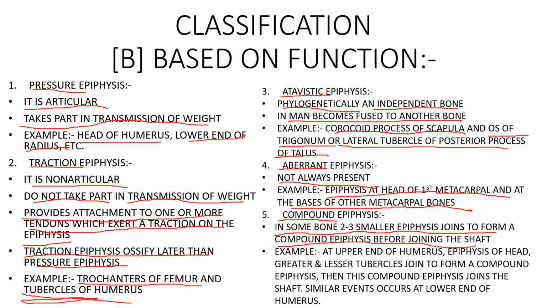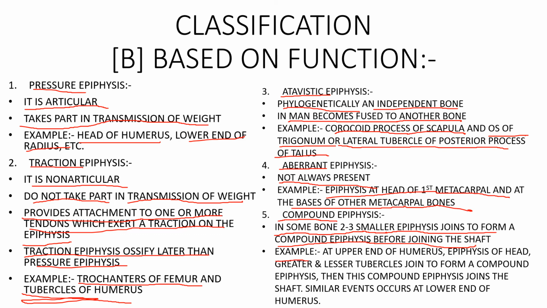The end is formed by many centers and then it forms one epiphysis and then that fuses to the shaft. So that is known as compound epiphysis. But on functional basis, we have that in some bones there are 2 to 3 smaller epiphyses which join to form compound epiphysis before joining the shaft. So this is what epiphysis is.